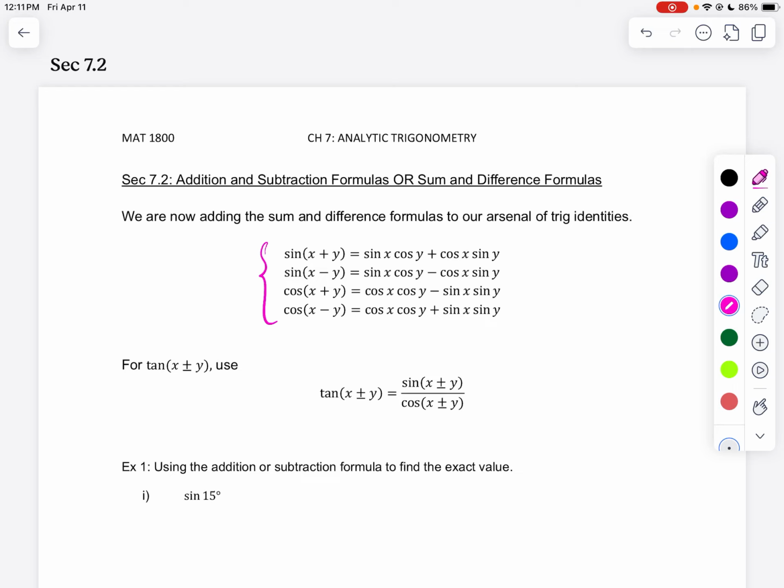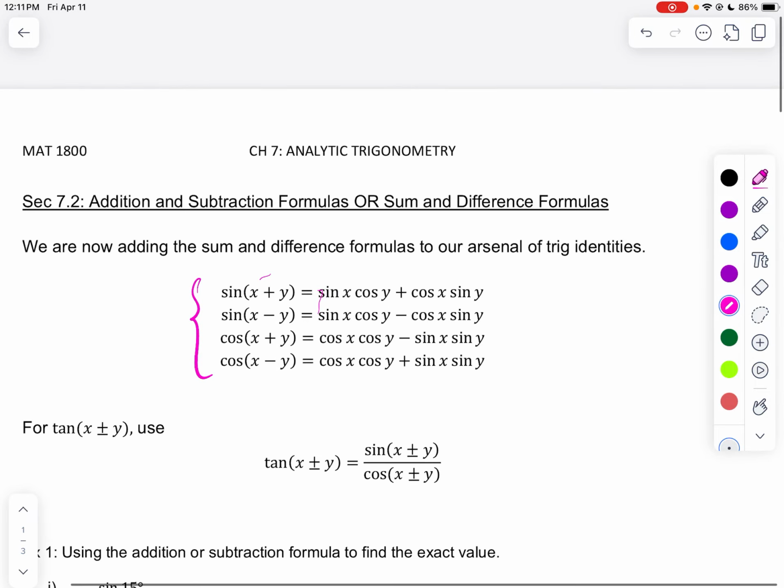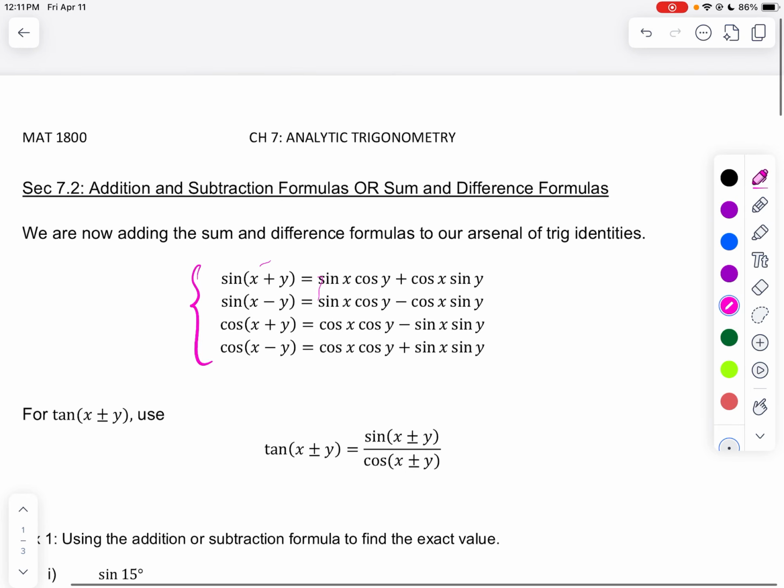So first we have the term sine of x times cosine of y, so sine of the first angle times cosine of the second angle, plus.